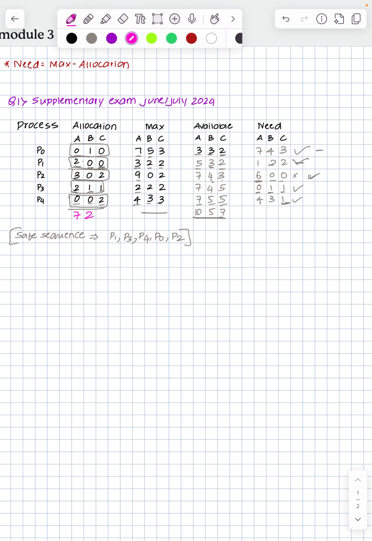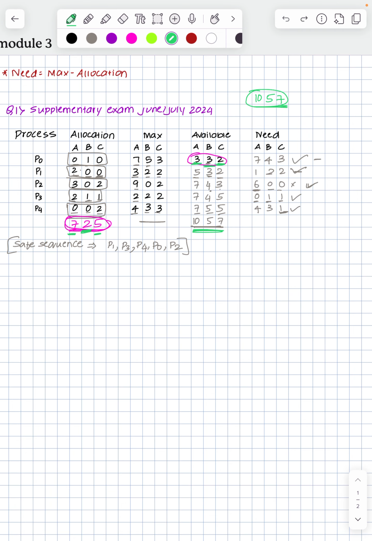And this is 2, 3, 4, 5. So this is 5. We take this and add it to the available: 7 plus 3 is 10. 2 plus 3 is 5. And 5 plus 2 is 7. This answer and this answer must be the same. This is nothing but total resources.